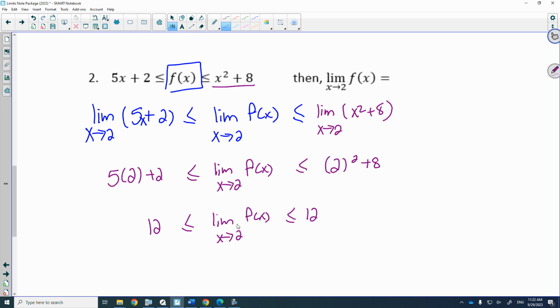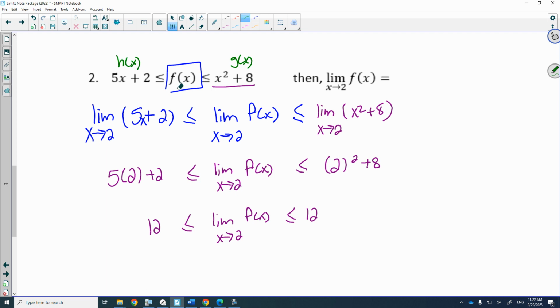Yeah. So what I'll do is I'm going to call the upper function h of x, and I'll call this guy g of x. It really doesn't matter. I just have to choose different functions other than f of x.